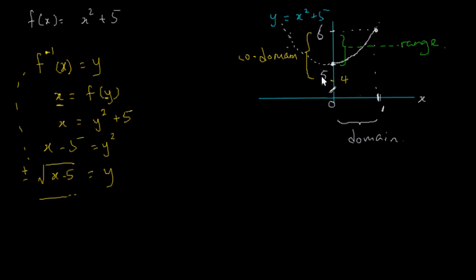The graph as I've drawn it here is for y equals x squared plus 5. But if you compare this function with this function, you see that the roles of the x and y are reversed.